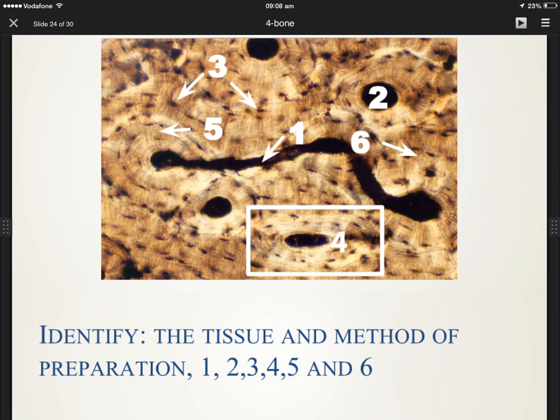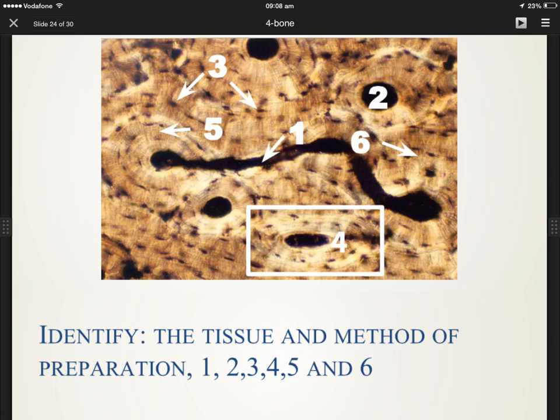Here we have a trial exam. Here we are asked to identify the tissue. It is compact bone, and the method of preparation is by grinding, and it is called ground compact bone.